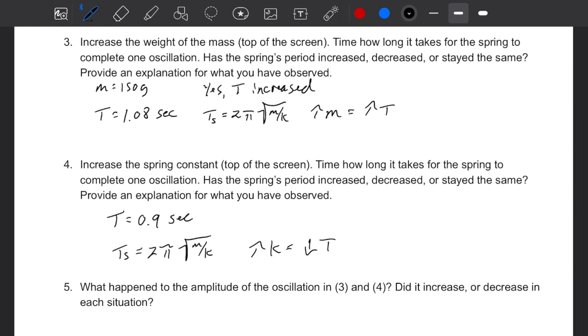What happened to the amplitude of the oscillation in 3 and 4? Or let's say going from 3 to 4. Did it increase or decrease in each situation? So to make sure, I reduced the spring constant pretty low, and then I increased the spring constant, because I like to see it exaggerated, and it helps me see what the differences truly are.